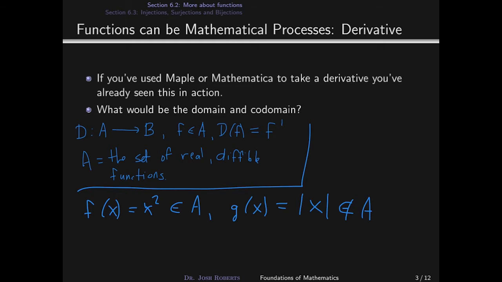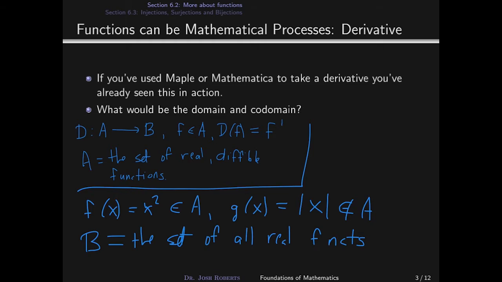So the absolute value of x is not an element of A because I can't take the derivative at 0. Okay. Now, that's the domain. The domain would be all differentiable functions, but what would the codomain be? Well, the codomain would just be the set of all real functions.